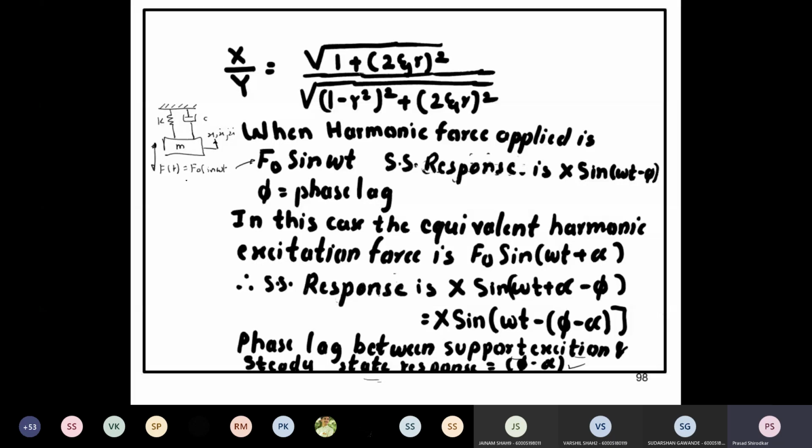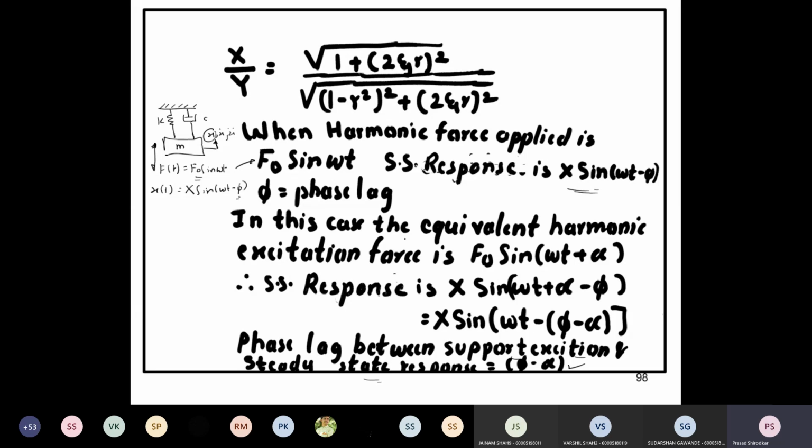Alright, so when this was the case, the steady state response was what? x of t, that is this term, that is equal to amplitude X sine omega t minus phi, right? Okay, so when the force applied is F0 sine omega t, the response lags by angle phi.